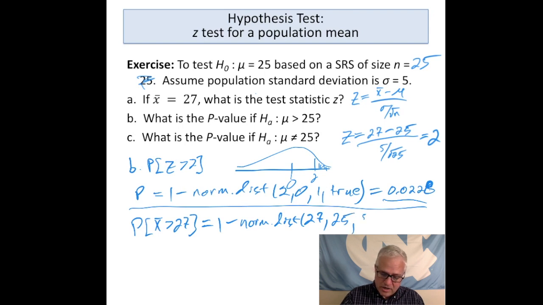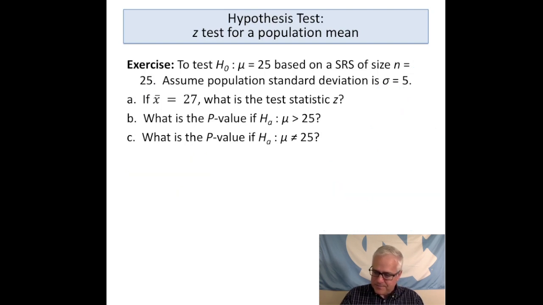So that's standard deviation 5 over square root of 25. I know that's 1, but I wrote it this way so it's clear where I got it. Whenever we see that x bar, we end up dividing our standard deviation by root n. You can write true or 1 here. And you get the same number, 0.0228.